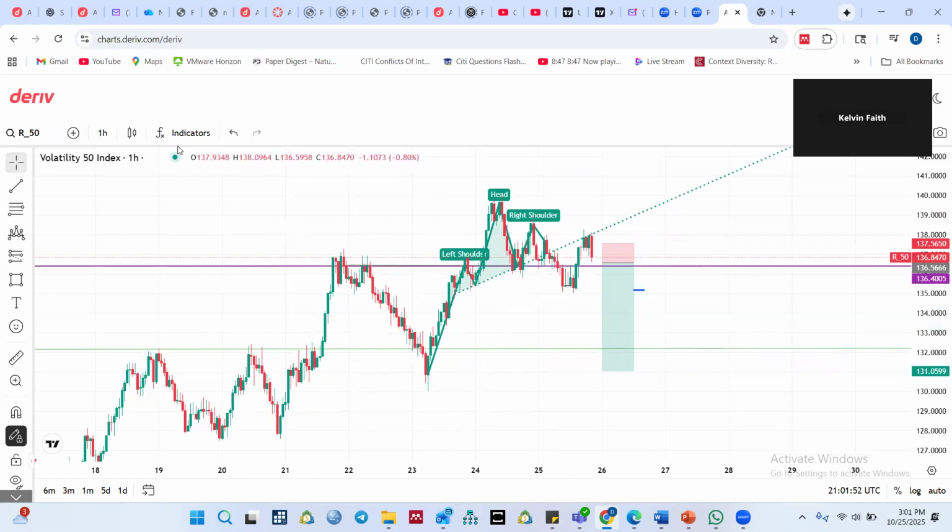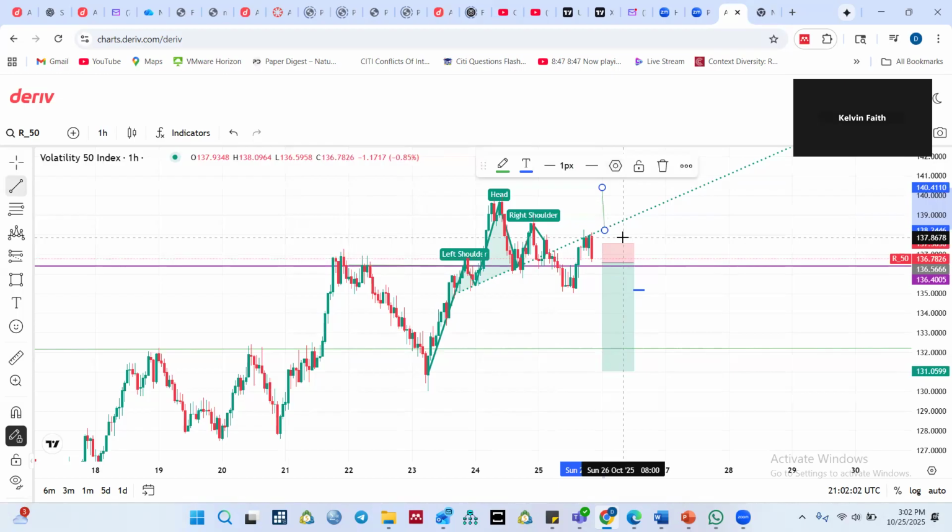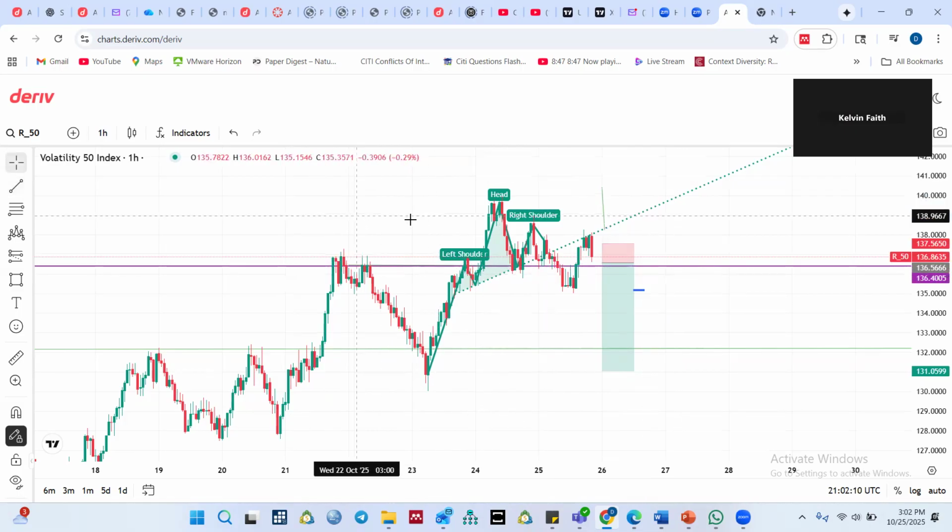So you will see this exactly. If we were to go above this trend line here, the neckline, then it's a bullish market. And this line here is the support resistance, PSR, precision support resistance. It also happens to be exactly on the neckline.